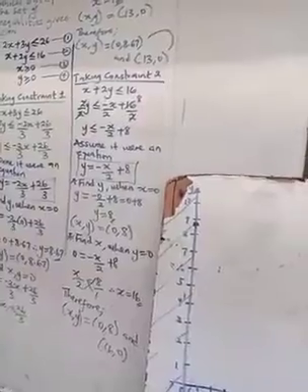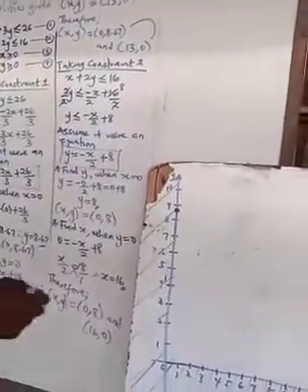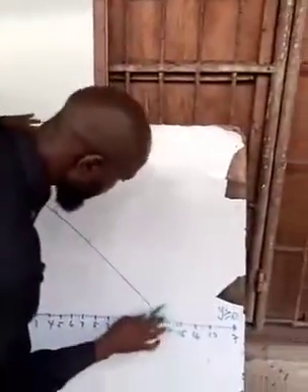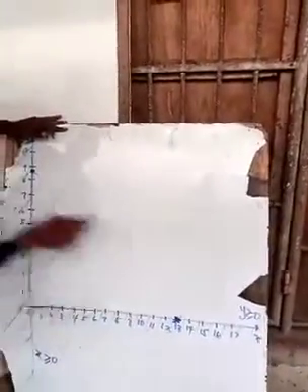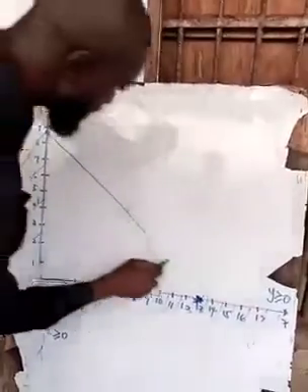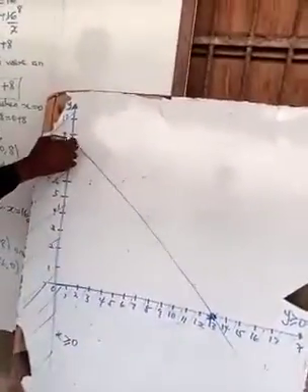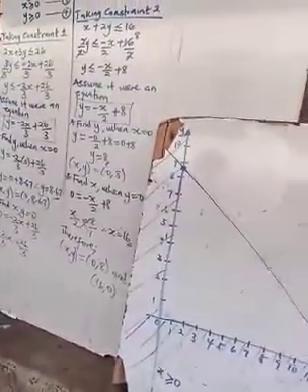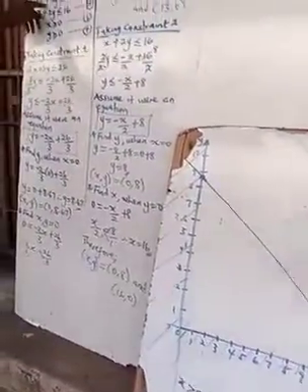So we'll join those 2 points together. Joining those 2 points is just a sketch. We are not expecting a perfect result. We are just trying to show the region. So this is for the first constraint.